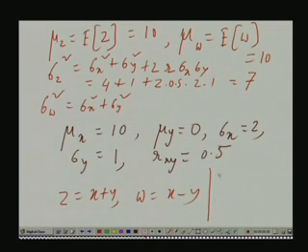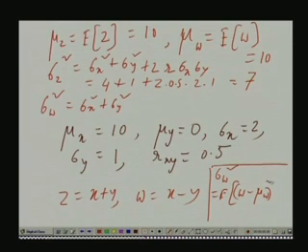That is, you can say that sigma w square is expected value of w minus mu w, whole square. Now, w minus mu w, w is x minus y, and what is mu w? Mu w is mu x minus mu y.